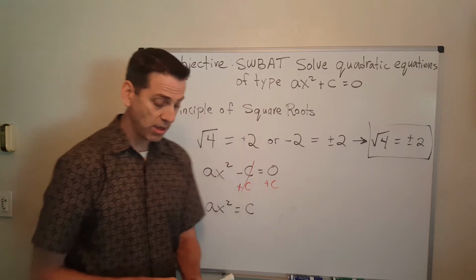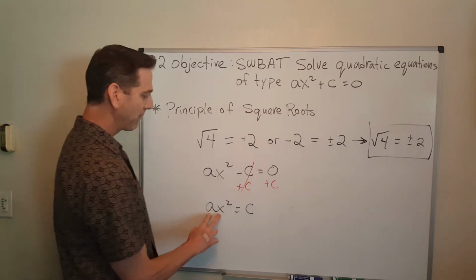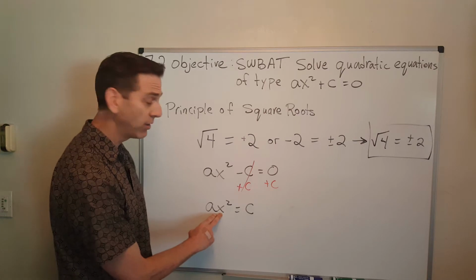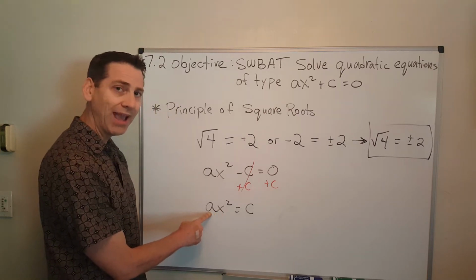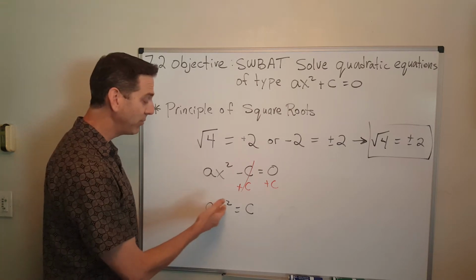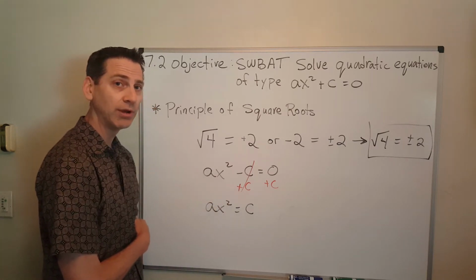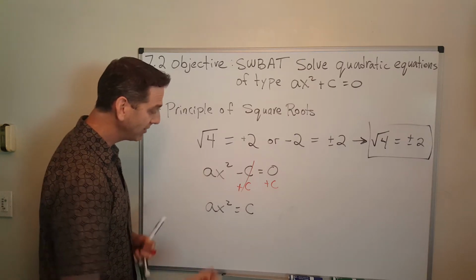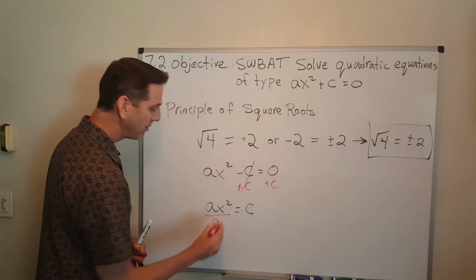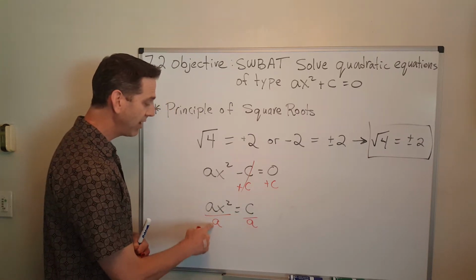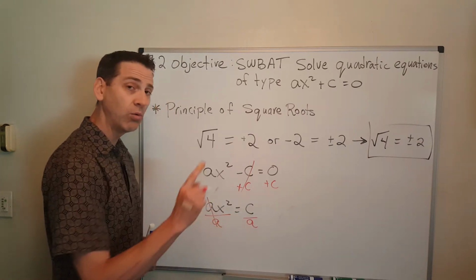I'm trying to solve for x, that's my goal. So I need to get rid of this a first. How do I get rid of it? It's being multiplied by x squared, and the inverse of multiply is divide. So if I simply divide both sides by a, a divided by a gives me 1.